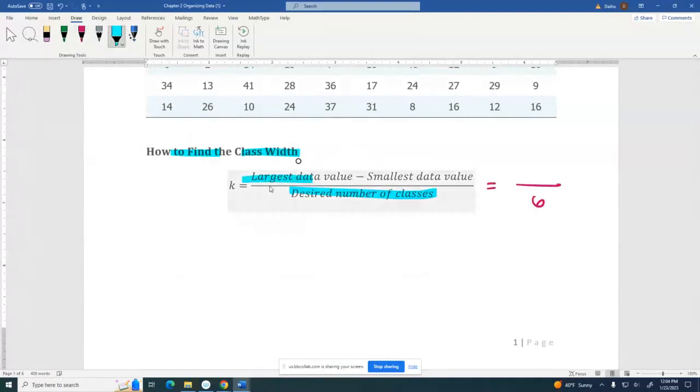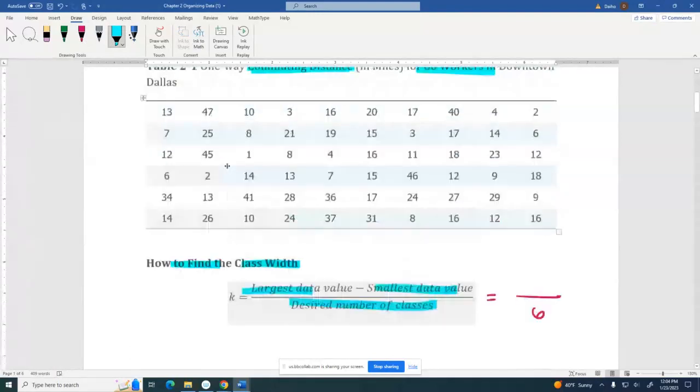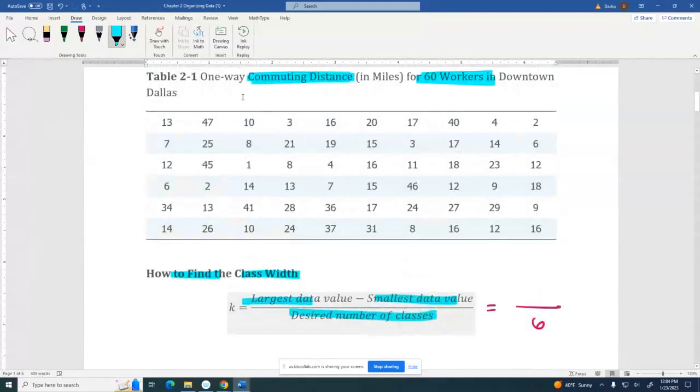Additionally, we need the largest value and the smallest value. Please look at the 60 data. Which one is the biggest? The biggest distance. I think there's a 47. Which one is the smallest? 1, yeah.